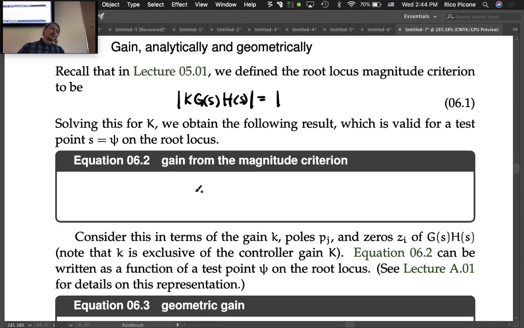And it's simply that K equals 1 over the magnitude of GH, evaluated at psi, the test point.